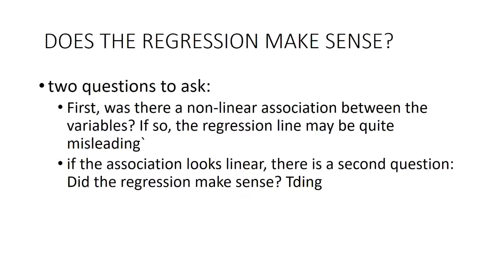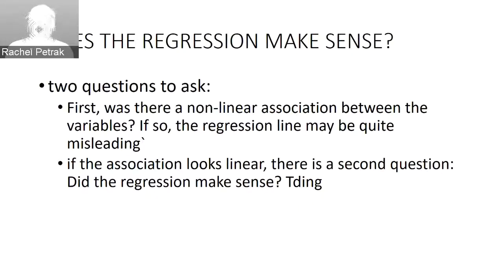Okay. It's important to remember to ask yourself, does this regression make sense? The way to assess that is to first assess, was there any sort of nonlinear association between the variables, or a partial association as we saw?